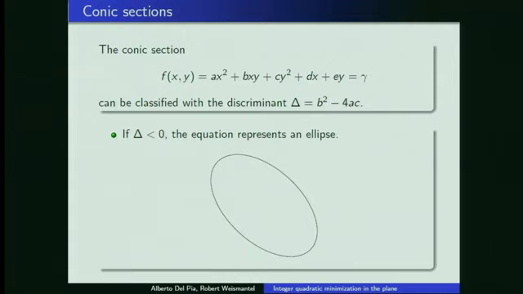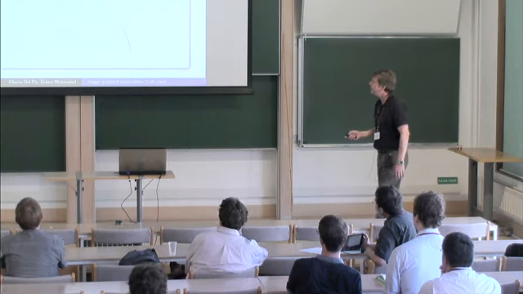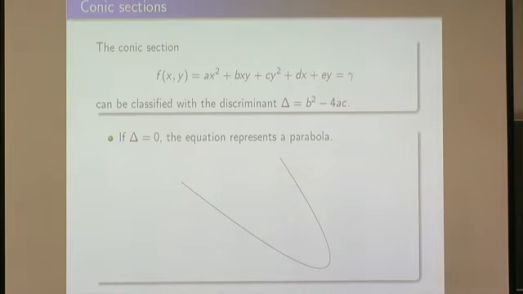And then you can classify geometrically these conic sections. In particular, if delta is smaller than 0, then the equation represents an ellipse. If delta is equal to 0, you get a parabola. And if delta is positive, you get a hyperbola. That's very well known.